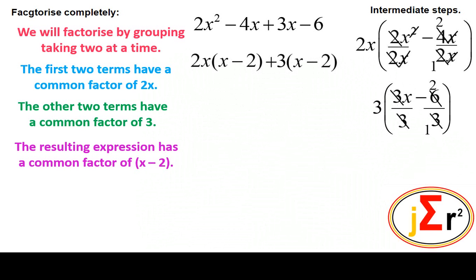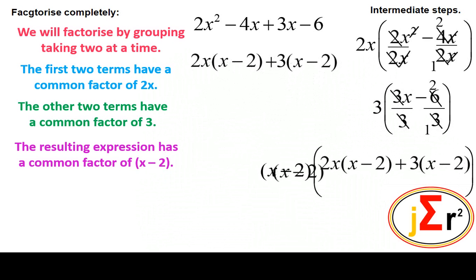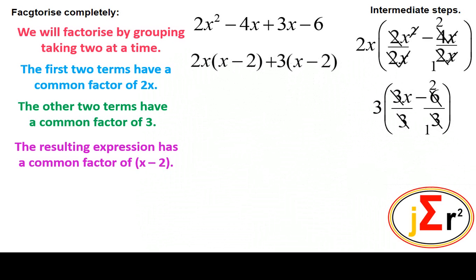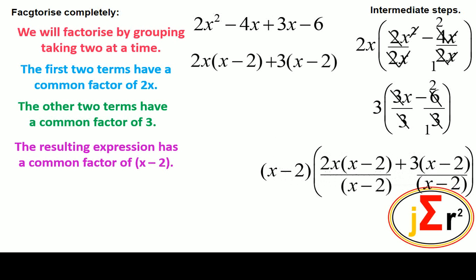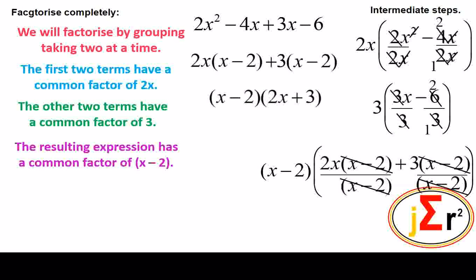And we will take the large terms, which we have 2 large terms, of which x minus 2 is a common factor, and we will no doubt divide by the highest common factor, which is x minus 2, which is probably the easiest division that we have since we have started the factorization process, because we can see that x minus 2 will cancel right there, and the same will happen right there.